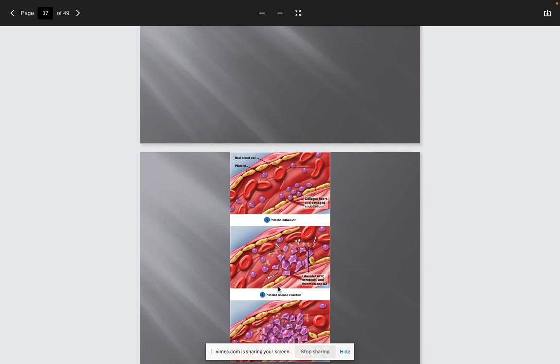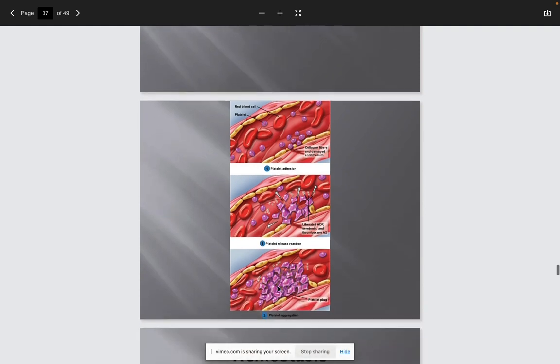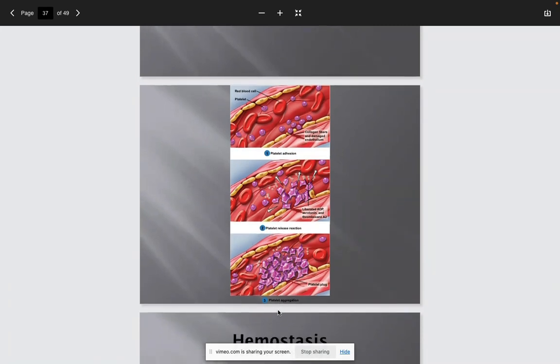After the platelet adheres, it will release some chemical reactions, and then eventually we'll have something called platelet aggregation, in which the platelets come together and form the platelet plug. I just want you to know these steps. First, you have platelet adhesion, then you have release of chemicals, and then you have platelet aggregation to form a platelet plug.